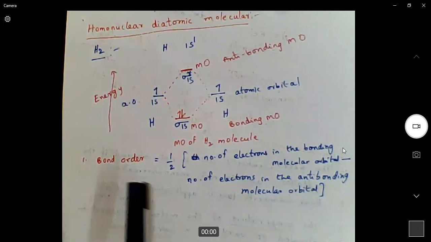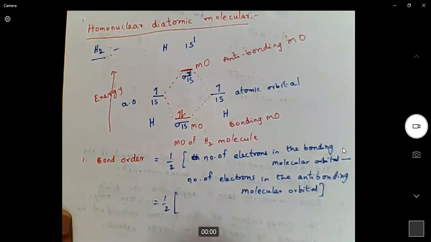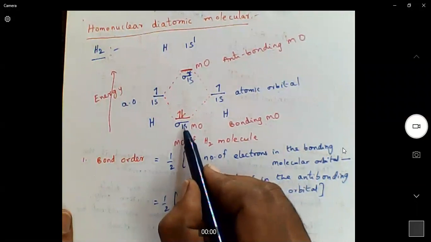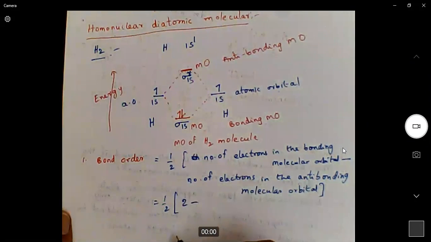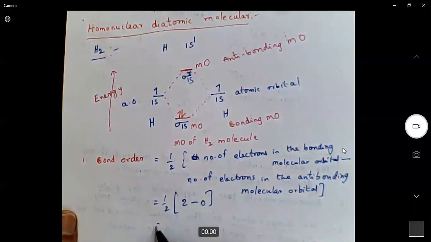Now, for example, for the hydrogen molecule, the number of electrons in the bonding molecular orbital, that means in sigma 1s, is 2, minus the number of electrons in sigma star 1s, which is 0. So it gives 1.